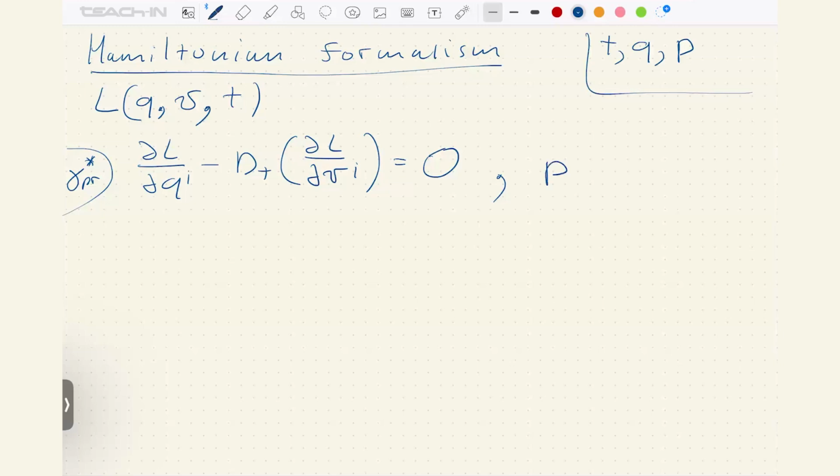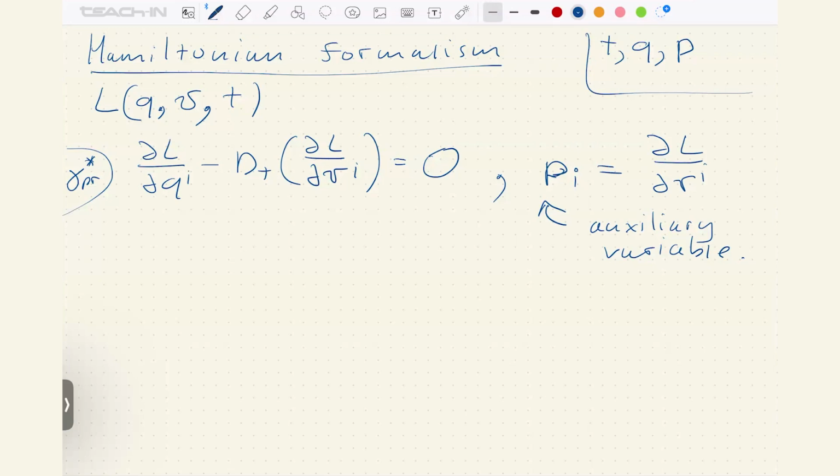So we just add the equation pi equals dL over dv^i, right? In some sense, this variable pi is an auxiliary variable. Why is it auxiliary? Because it doesn't participate in our system, right? According to our equations of motion, it is just a function of the remaining variables and their derivatives.